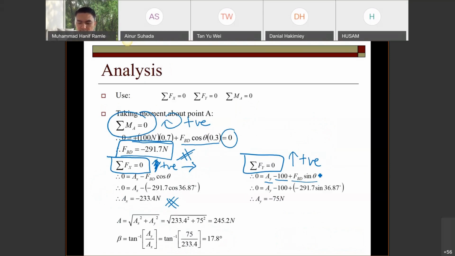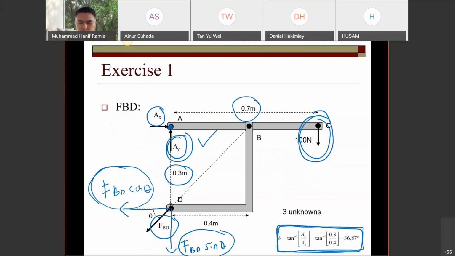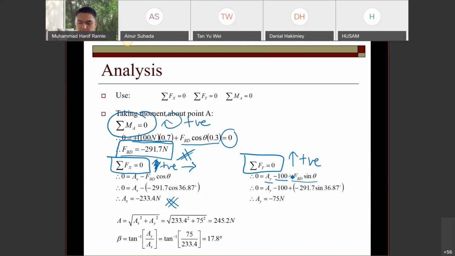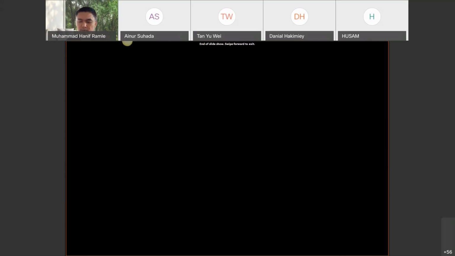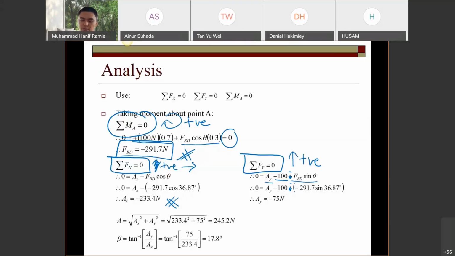This one should be minus. Oops, should be minus. Please check the answer, is it the same or not? I don't have the calculator right now, please help me to check the answer.